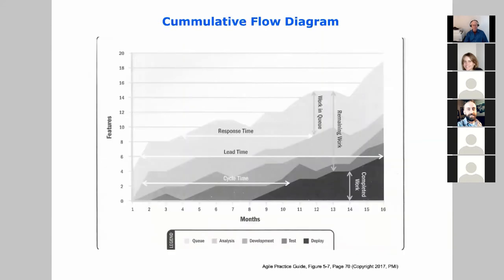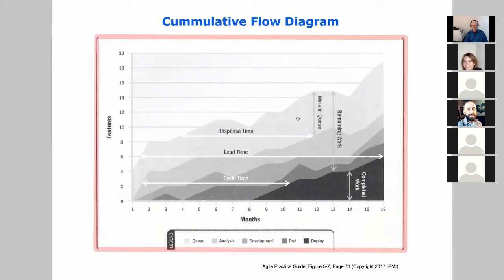And then these cumulative flow diagrams are associated with Kanban. So we have work in the queue waiting to start. We have work that's gotten started. We have completed work here. We have work that's underway here.